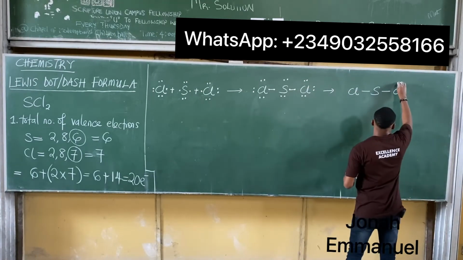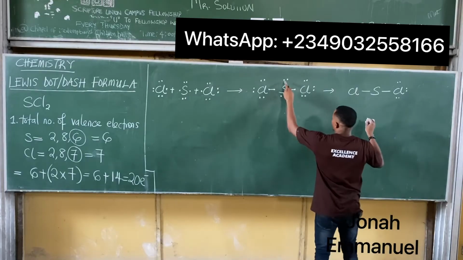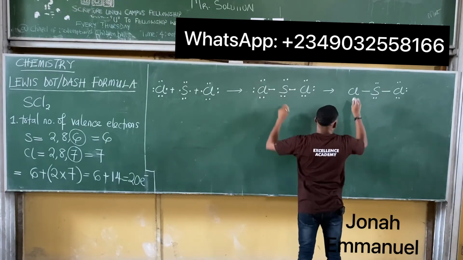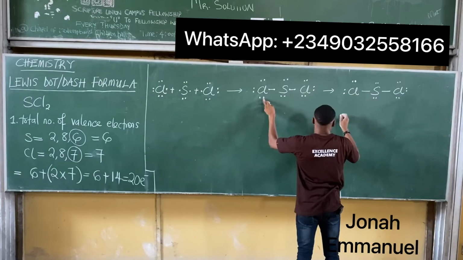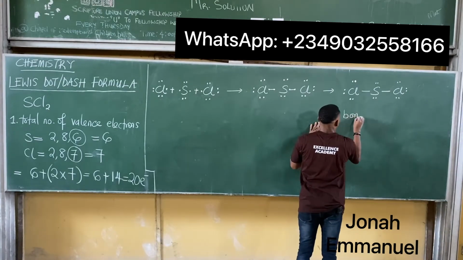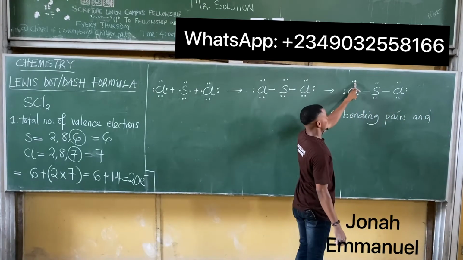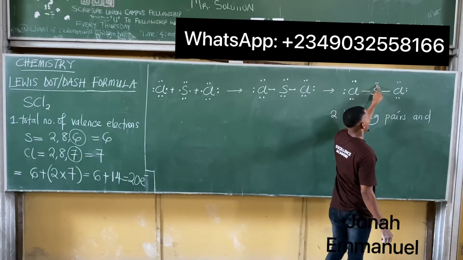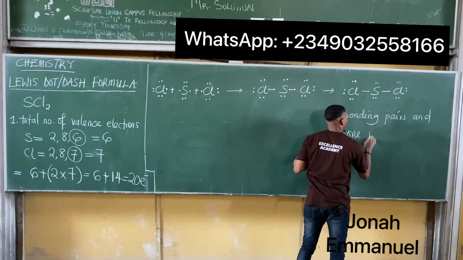So in total I have 2 bonding pairs, and then the lone pairs: 1 pair, 2 pair, 3 pair, 4 pair, 5 pair, 6 pair, 7 pair, 8 pair, so 8 lone pairs.